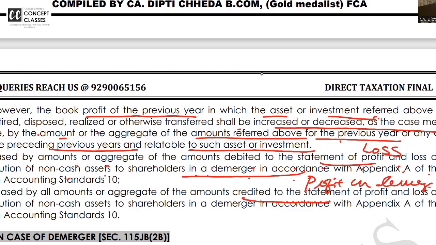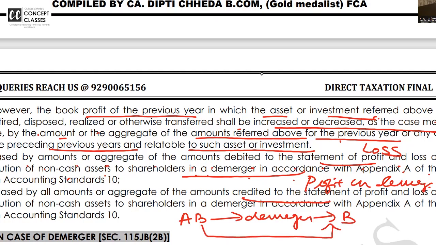Suppose AB company demerged and separated B company. So from here the book value of the asset is 40. This was transferred. B company recorded it at market value of 90. Are you all with me?